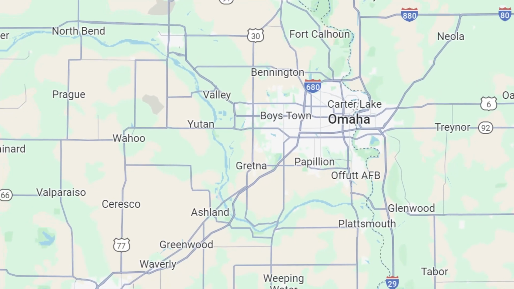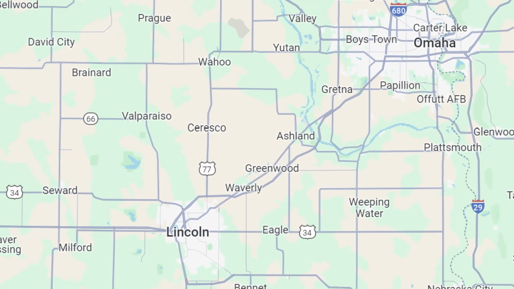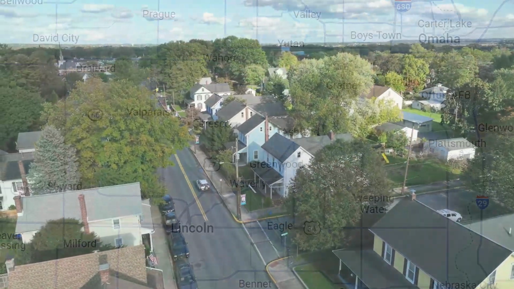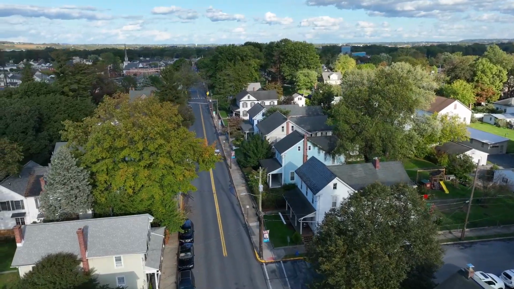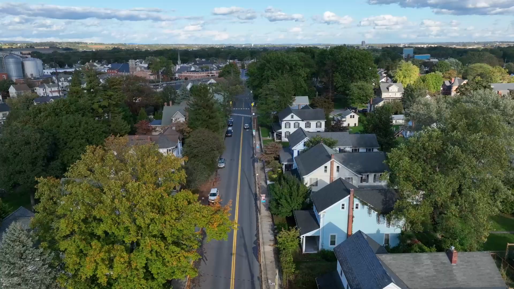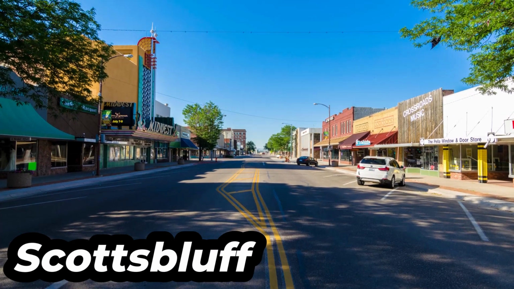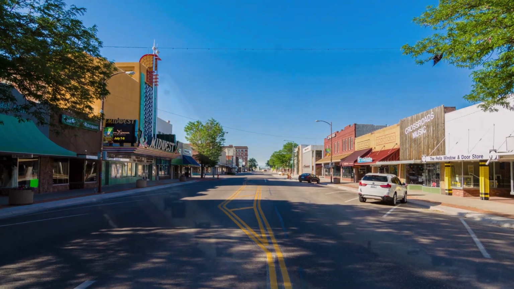Between the Omaha and Lincoln areas, 2/3 of the state population lives within those two. All of Nebraska's other communities are smaller than 60,000, with some notable ones including Grand Island, North Platte, and Scotts Bluff, the largest community in the Panhandle of Nebraska with a little over 14,000 residents.